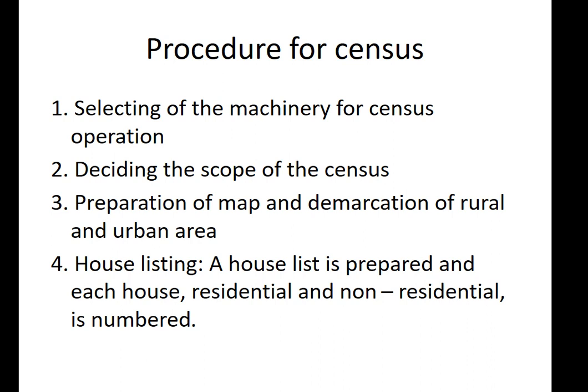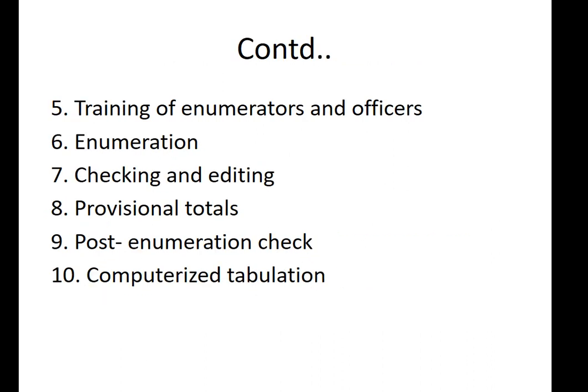Next, the fourth step is house listing. A house list is prepared and each house, residential and non-residential, is numbered. The fifth step involves training of enumerators and officers. The sixth step is the real data collection, that is the enumeration part.